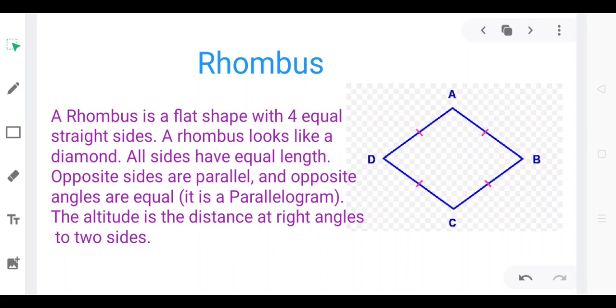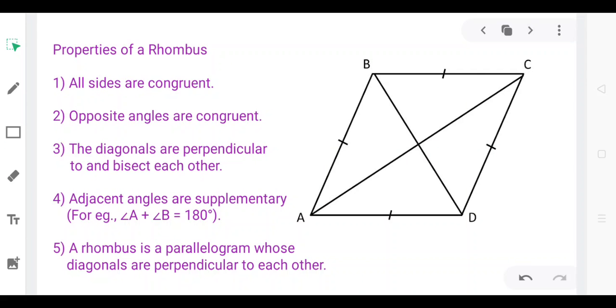Sometimes we also call the rhombus the sister of the square. Why so? Because it has sides of equal length. And the second thing, sometimes we can get a rhombus by pushing at the top of the square. Now let us discuss the properties of a rhombus.